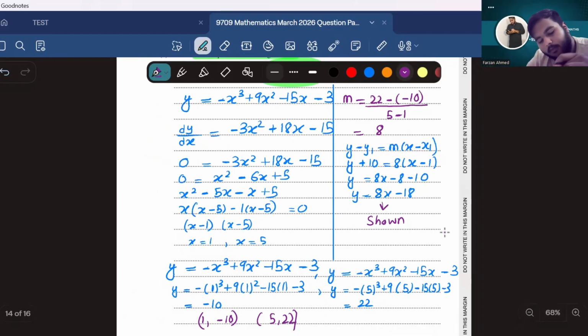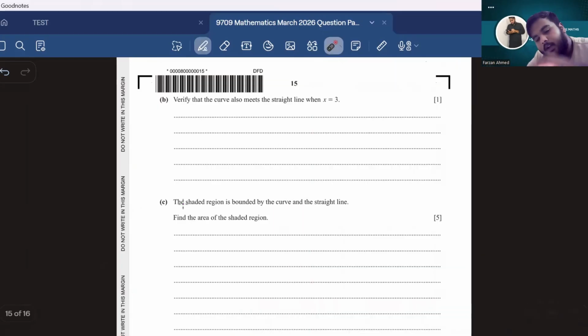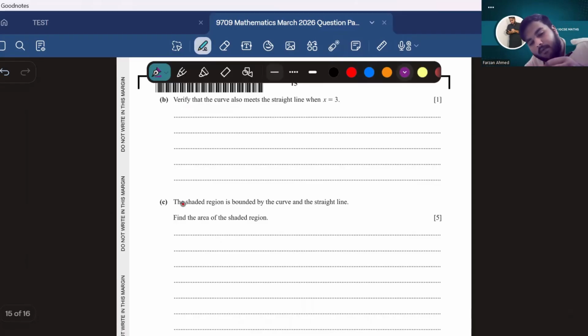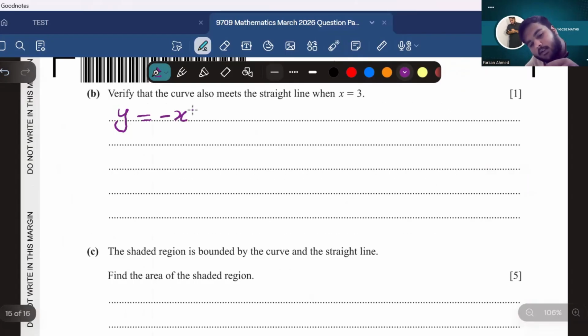Now moving to question number 11 part B, they are saying verify that the curve meets the straight line when x equals 3. We have the equation y equals minus x cubed plus 9x squared minus 15x minus 3, and another equation y equals 8x minus 18.